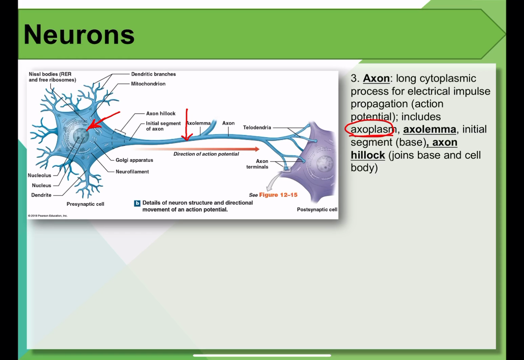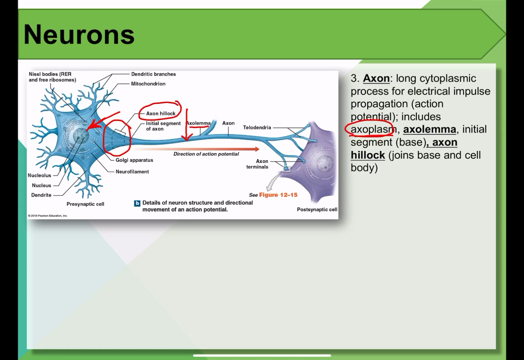So that's why we call it different things. Axolemma is the plasma membrane that surrounds the axon, and then we have this initial segment right here that connects your cell body to the axon, and this initial segment is called the axon hillock.